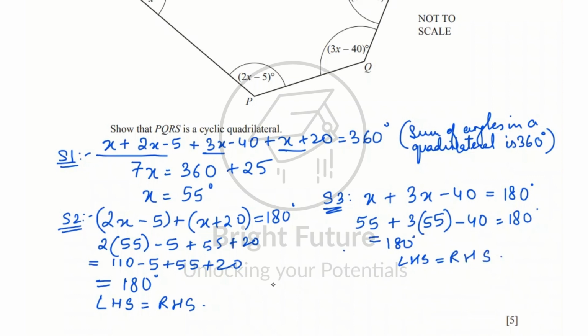So we proved that, since the opposite angles sum up to 180 degrees, therefore PQRS is a cyclic quadrilateral. This is an important statement you have to write.